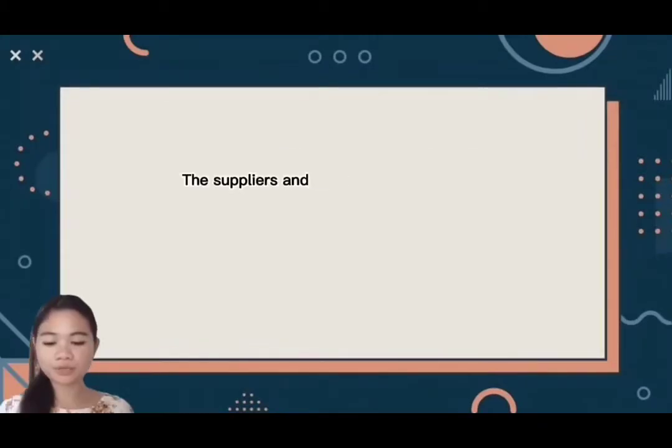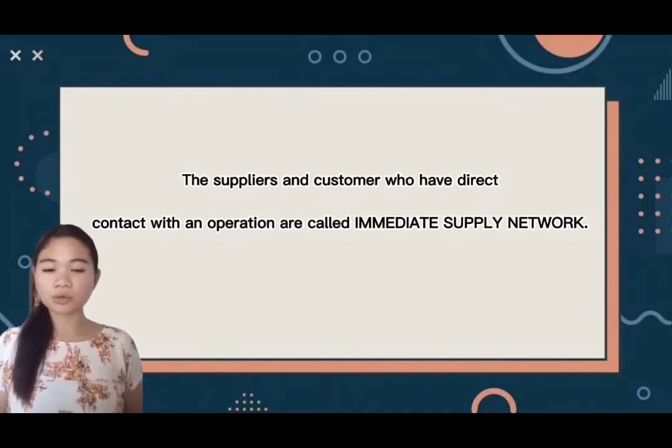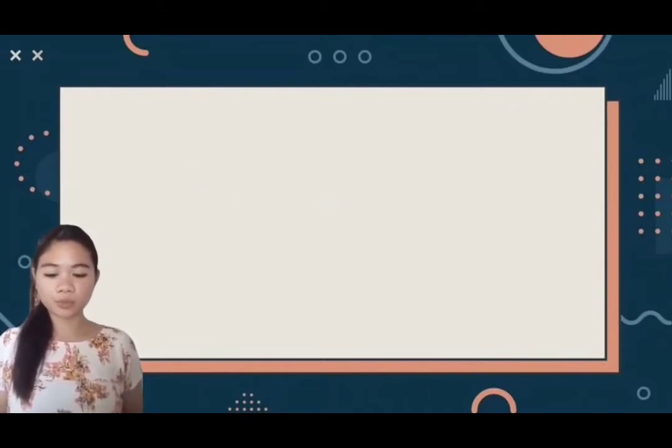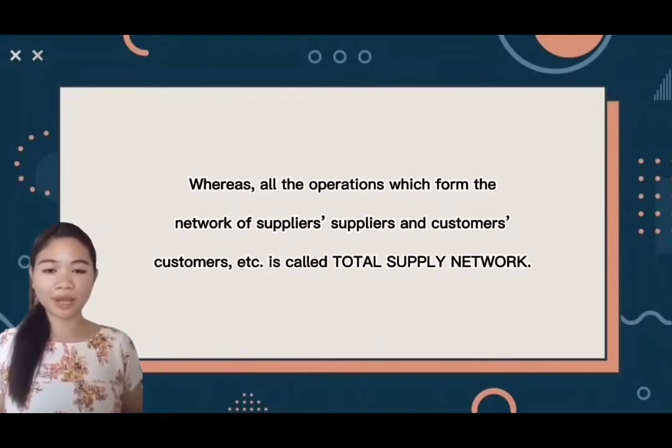The suppliers and customers who have direct contact with an operation are called the immediate supply network, whereas all the operations which form the network of suppliers, and customers, etc. is called the total supply network.